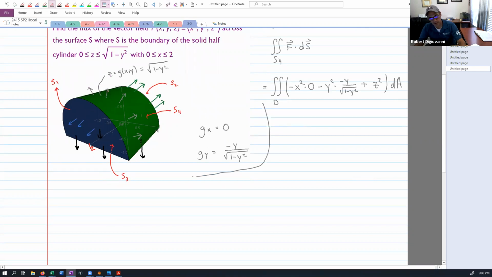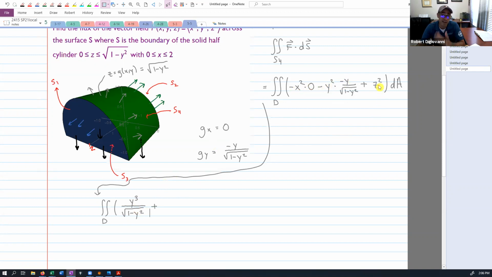I'm going to move this down so I have a little more room. Double integral over D. I should get y cubed over the square root of 1 minus y squared, plus, okay, so that went away. Negative and negative is positive, so y squared and y became y cubed up on top.